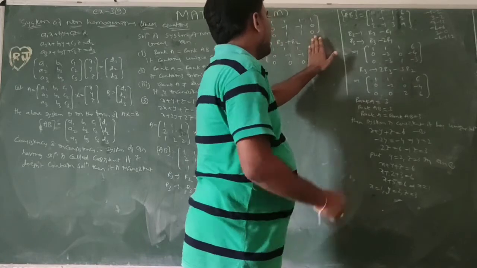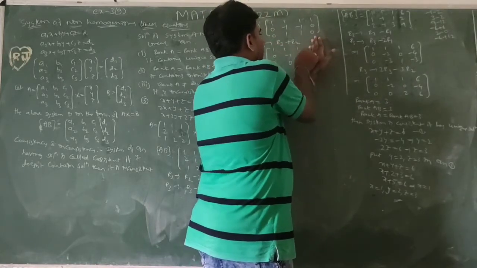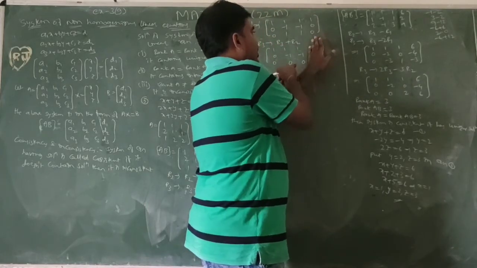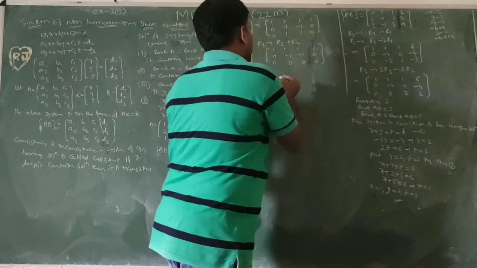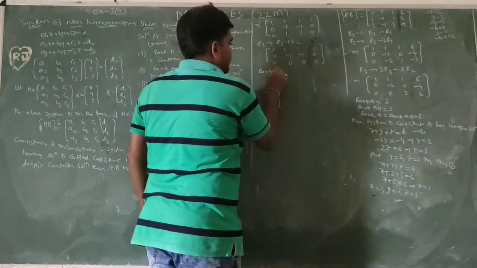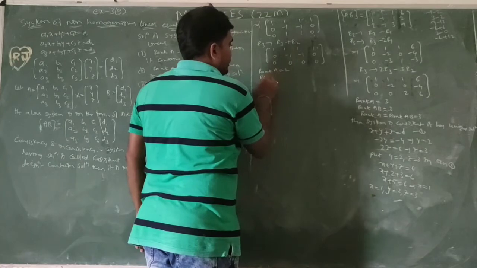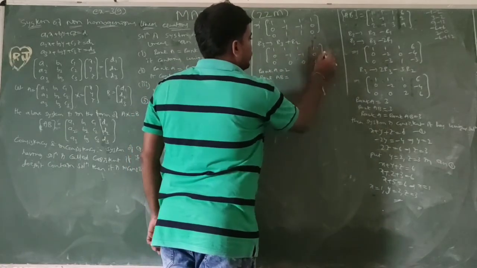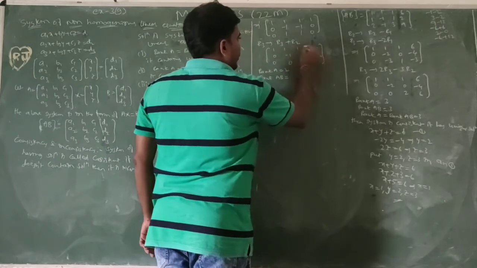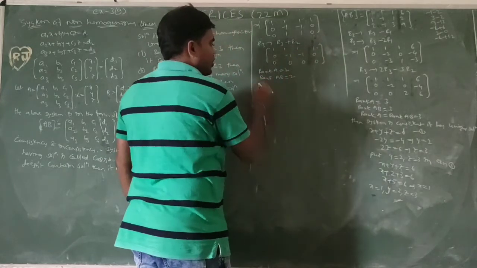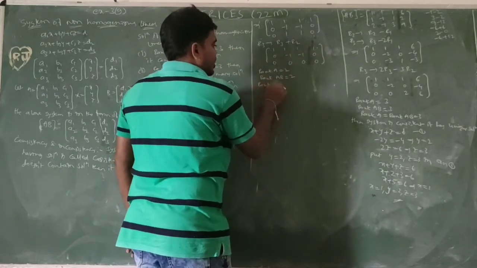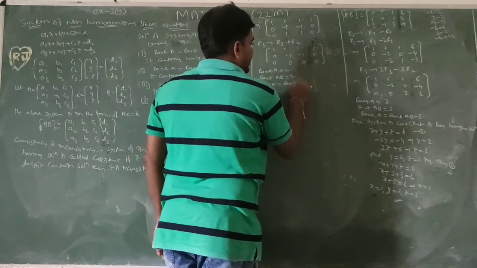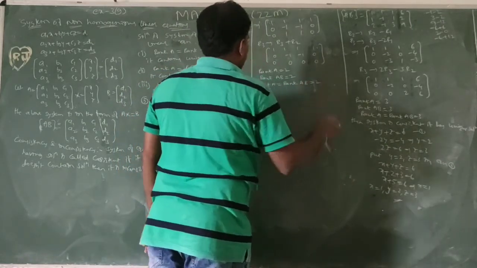The rank of A is the number of non-zero rows. This row is 0, so the number of non-zero rows is 2. Rank A equals 2, and rank AB: 1, 2, this is a zero row, no need to count. So rank A equals rank AB equals 2.